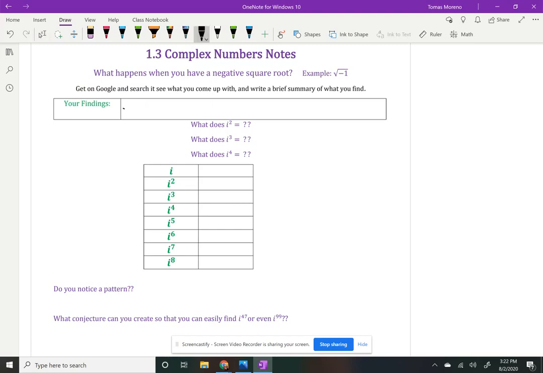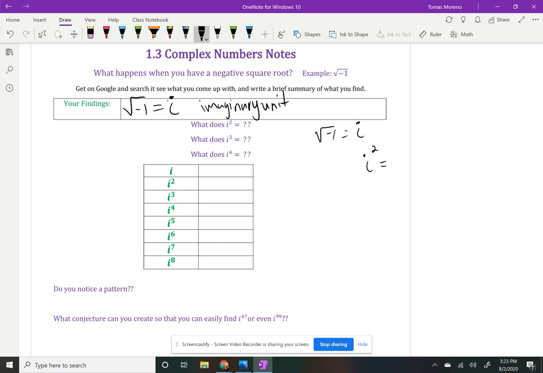Okay, so the square root of -1 should give you i, a new symbol. We call this an imaginary unit. So if we have i, what would i squared be? Okay, so we know that the square root of -1 equals i, and we want to find i squared.